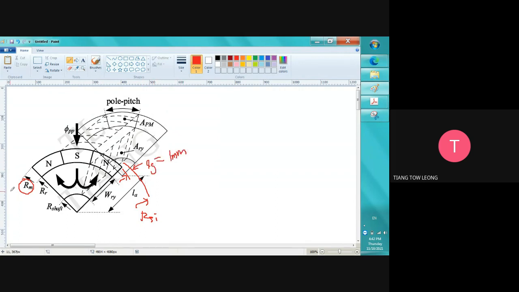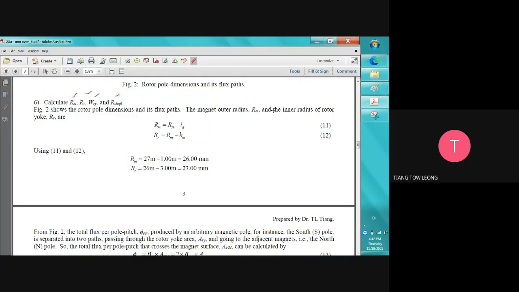So how do we calculate RM? We use RSI minus 1 mm, and we will have RM. Then we also know that the thickness of the HM is 3 mm. So we use RM minus the thickness, and we will get RR. So this is the equation. Then we found 26 and 23.